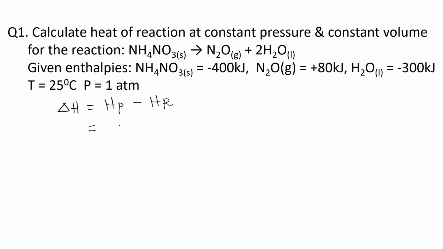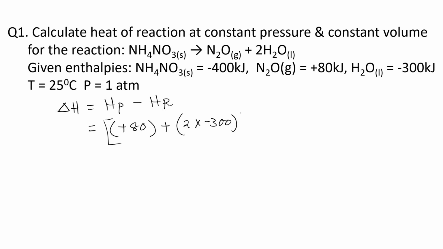Now we'll see the enthalpy of the products. The product is nitrous oxide. So the first one is plus 80 kilojoules. And then what is the other product? The other product is water. And water is minus 300 and it is 2 moles. So 2 into minus 300, this is for the products.